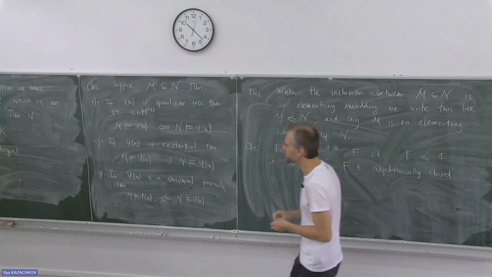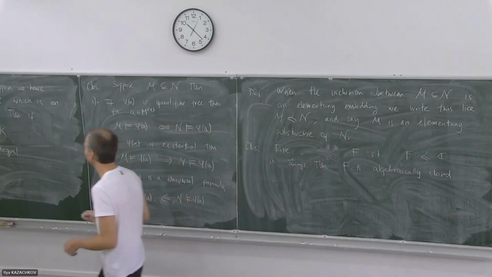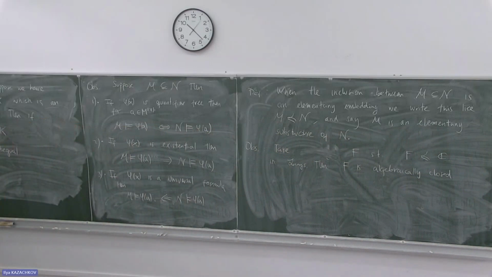Let me do this remark also here, perhaps. This is an important remark. This is the one you were saying. The remark is that if I have an elementary substructure of another, then in particular, they have to be elementarily equivalent, right? Recall this relation is for formulas, and formulas might have free variables.